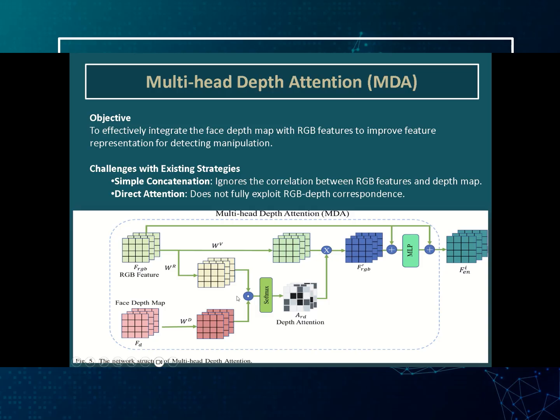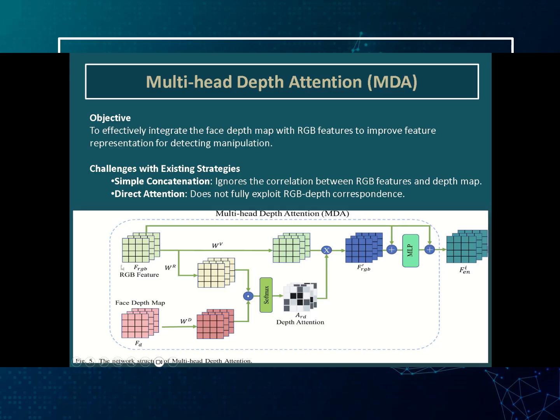Because they are getting the correlated features, those features from the face depth map which are correlated to the RGB features, and they apply the softmax to nullify the negative values and get the positive values. And these features are called the depth attention, because these features are those from the depth maps that have some correlation with the RGB features.